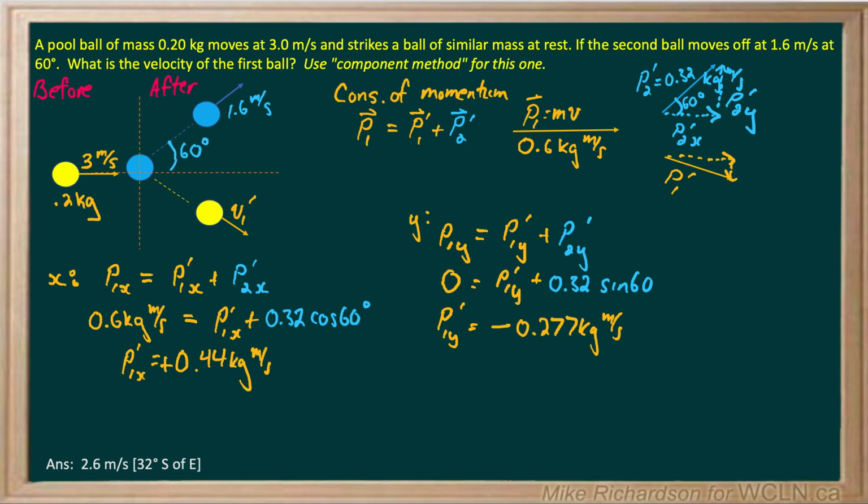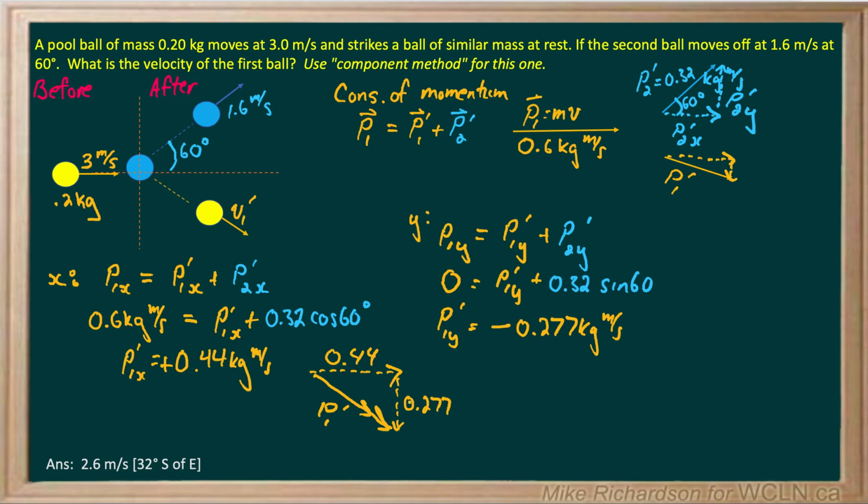So the last step with components, we're almost done, is to simply put them together and get my overall. I can get my angle that way as well. So this is telling me that my final momentum consists of an x component, that's 0.44 to the right. I'm not going to put the units in. And a y component that's down 0.277. So my overall momentum will be this hypotenuse. So that's P1 prime.